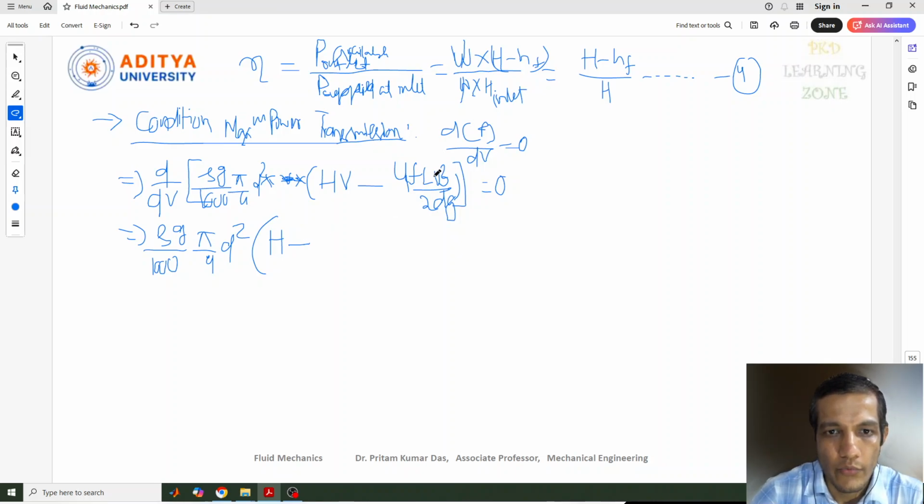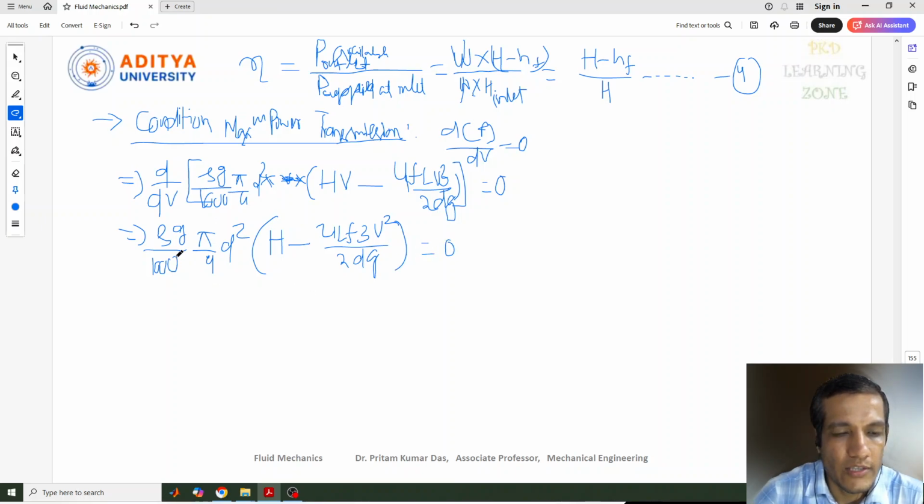So now we need to just differentiate this 4F LV by 2DG. Let's take it out, and the derivative of VQ. So this one we can write 4LF, and this is 3V square by 2DG equal to 0.